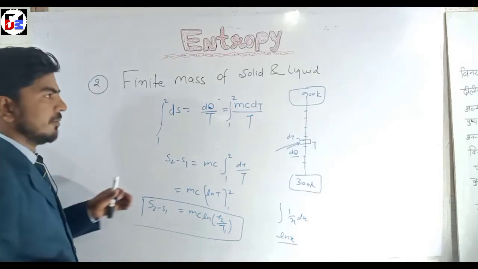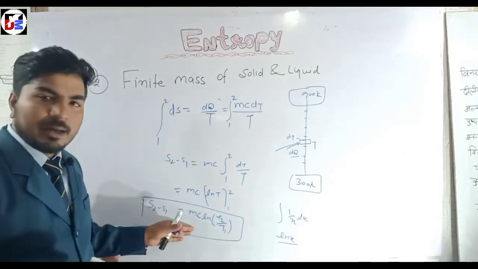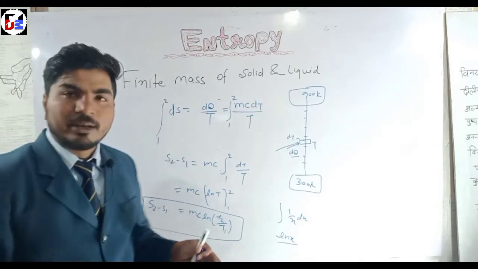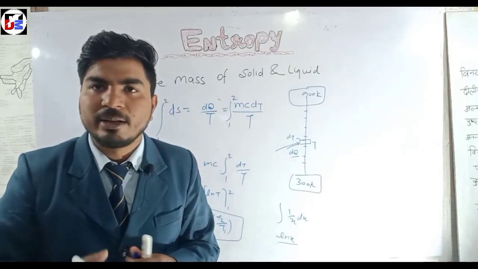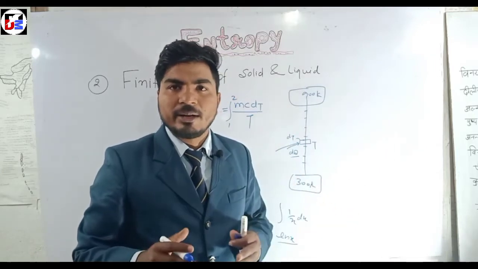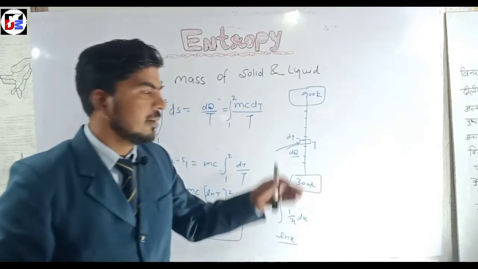This is applied when the finite mass is given, then the entropy change formula is mc ln T2 upon T1. Here Q by T is not applied. Q by T is applied only when temperature is fixed.